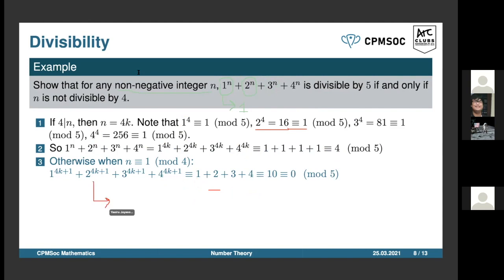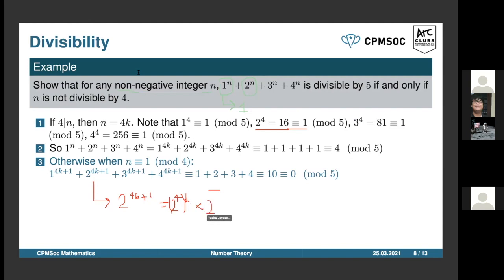Using exponent laws, we can write 2 to the 4k plus 1 as 2 to the 4 and then to the power of k, and then multiply that by 2 again.